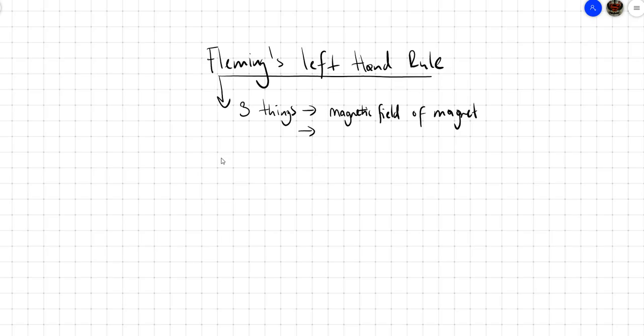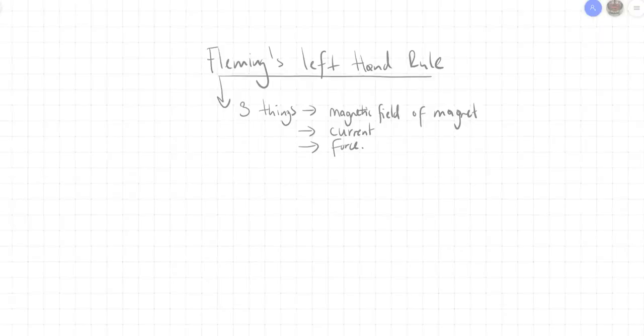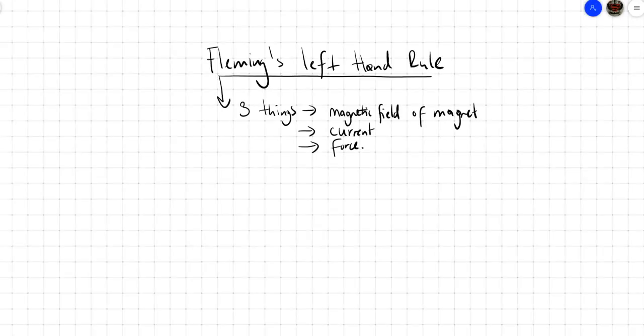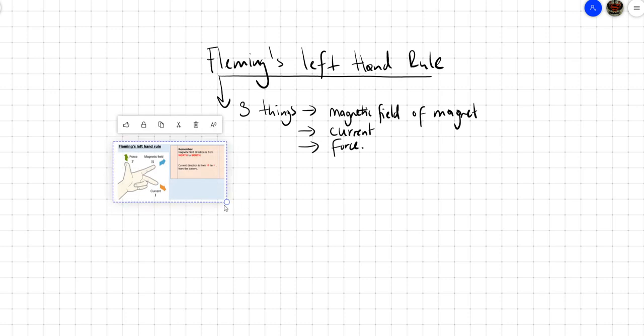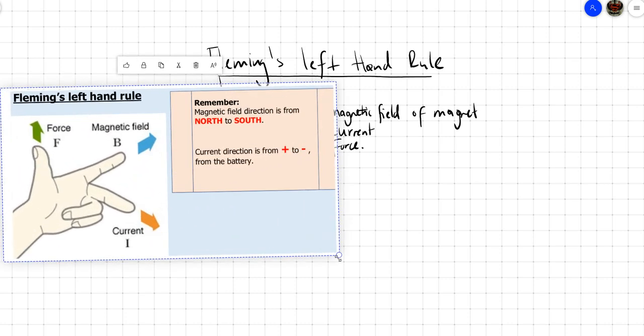Two, when we have current, with currents, and so on. Three, when we have force. Okay, right, now let me show you how it looks. Here we go. And this is what we need to remember how to use.